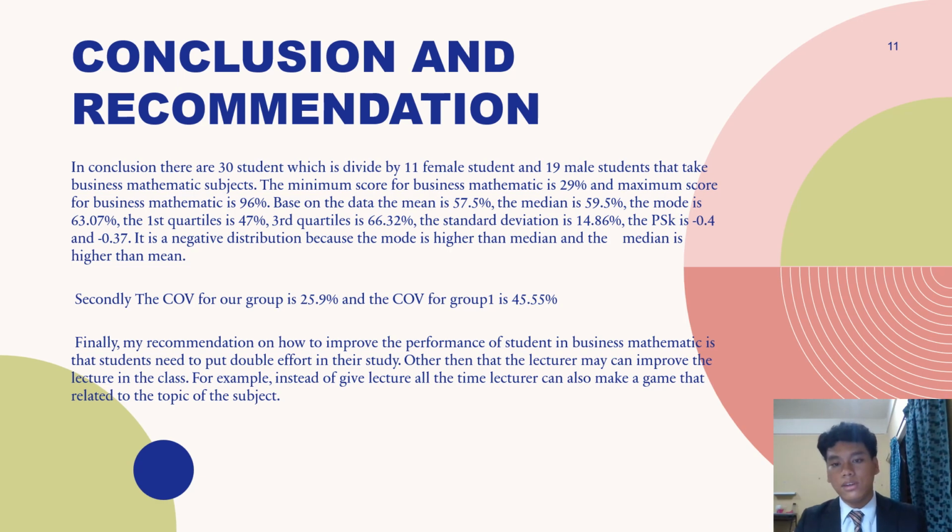The standard deviation is 14.86%. The PSK is negative 0.4 and negative 0.37. Secondly, the COV of our group is 25.9%, and the COV of the other group is 45.55%, which is higher than my COV.